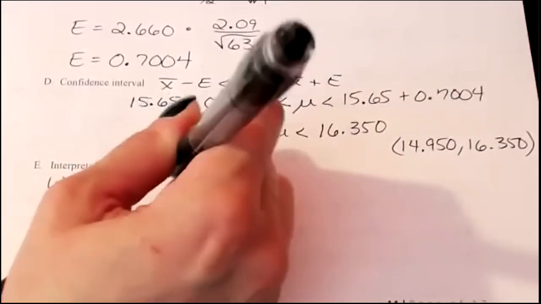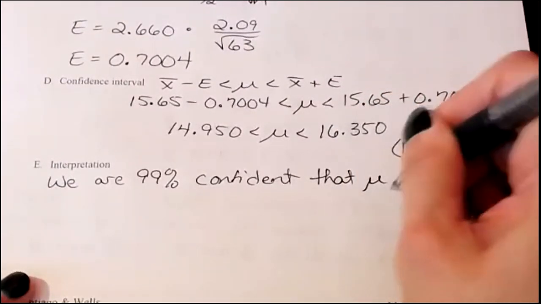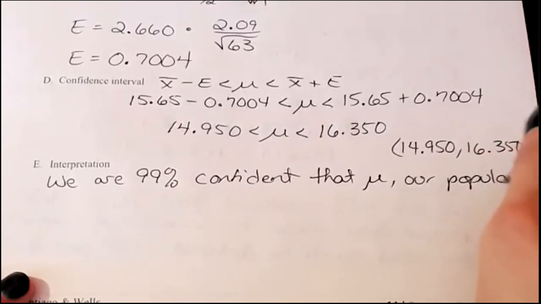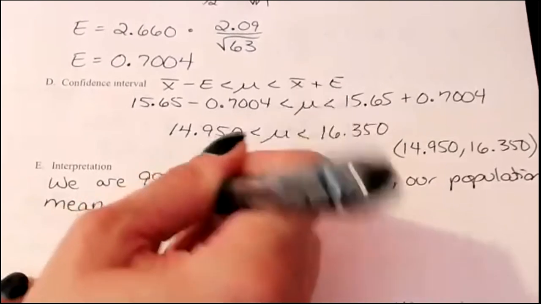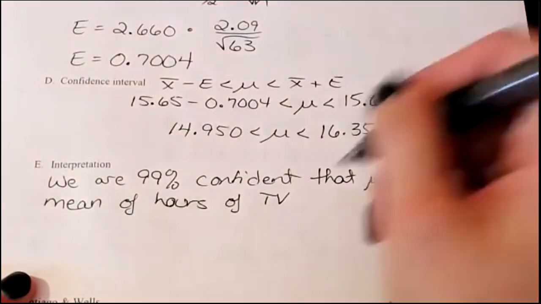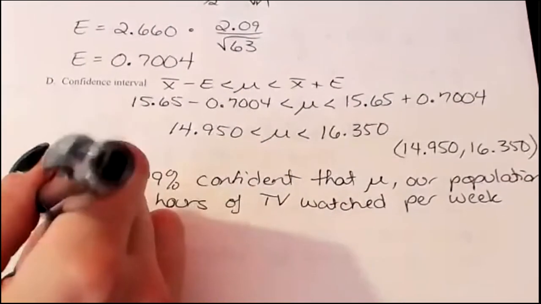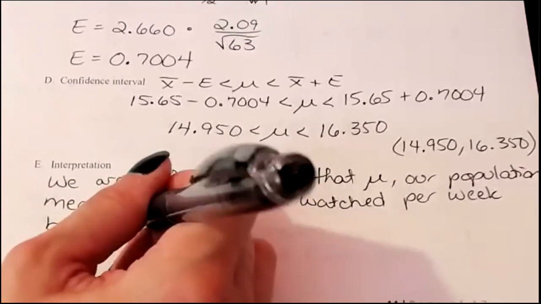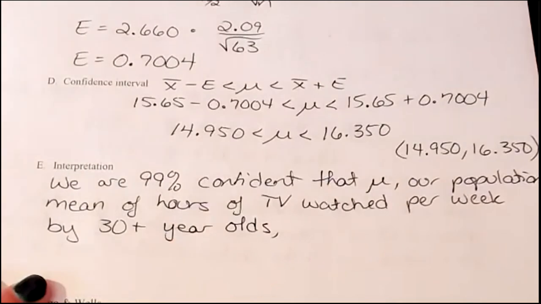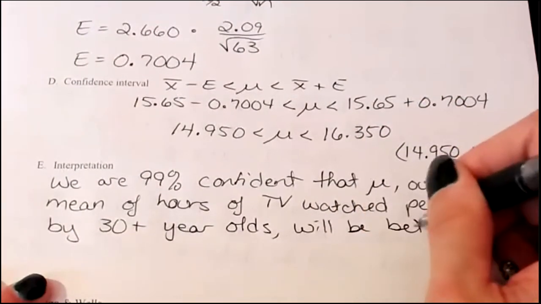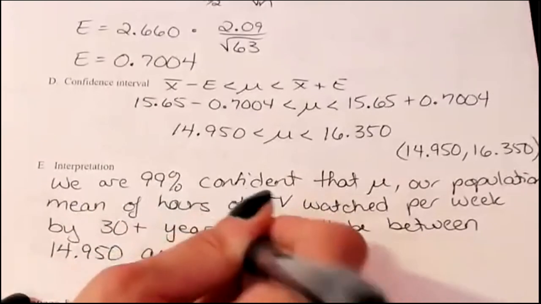We are 99% confident that mu, our population mean, our true population mean of hours of TV watched per week by 30-plus-year-olds, will be between 14.950 and 16.350.